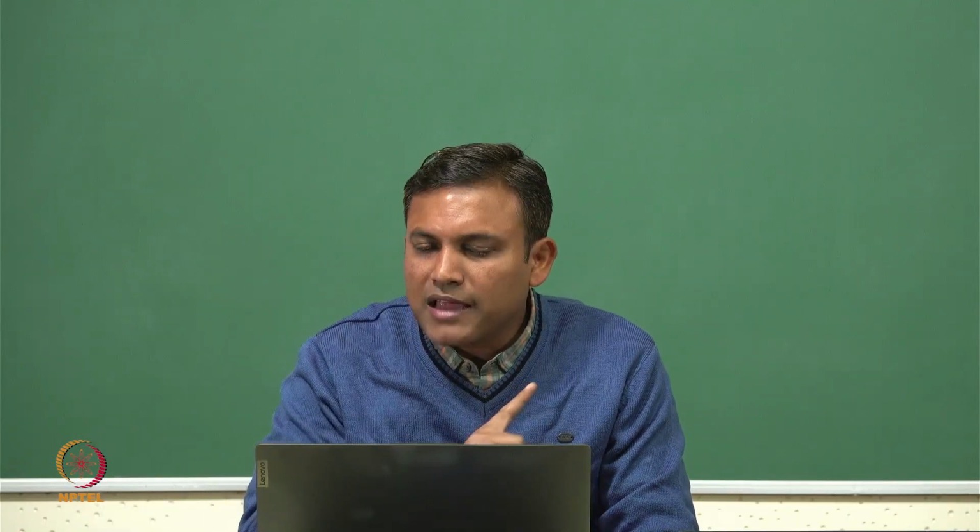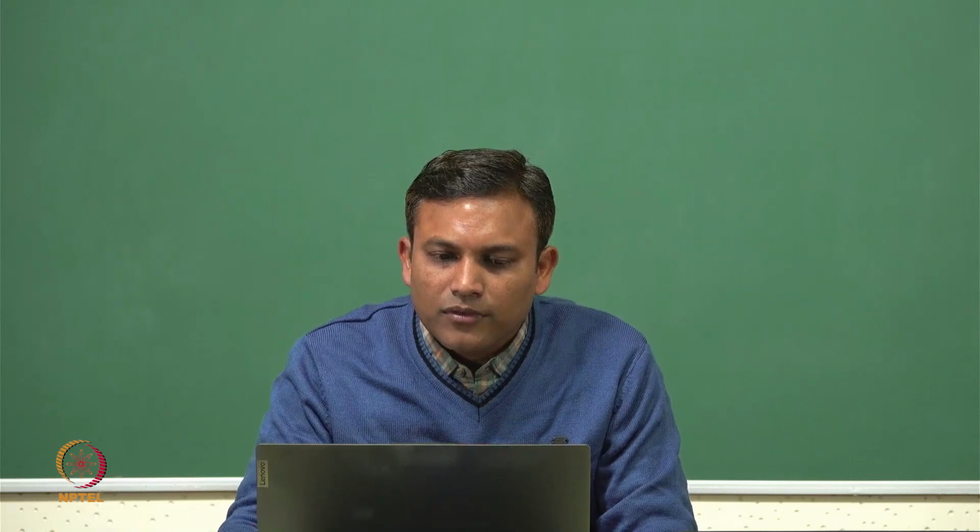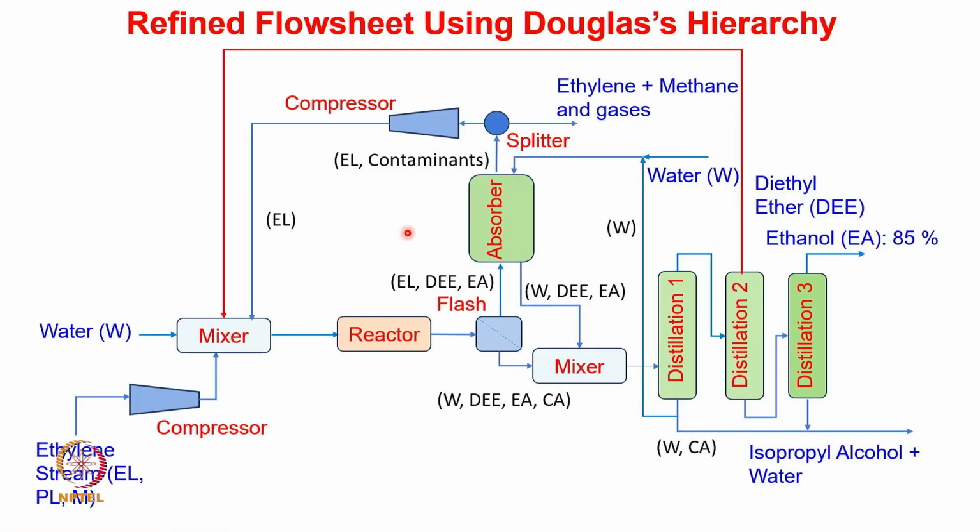So remember that in the previous figure which I have shown with respect to case study 1, we did not have this recycling of the diethyl ether. You can see that we have now recycled the diethyl ether back to the mixture, where the water and the compressed ethylene, propylene and methane feed is mixed, and this mixed feed is then charged to the reactor.